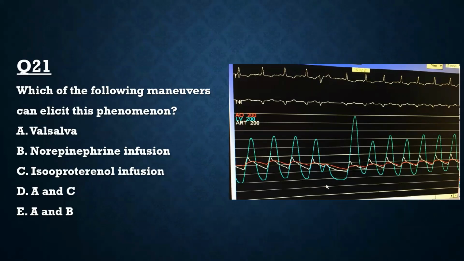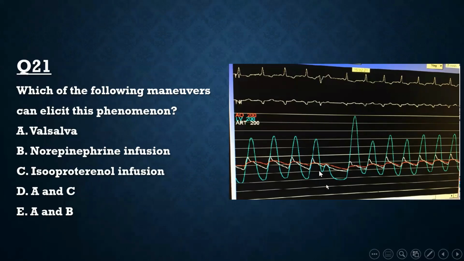Excellent. So if you look at the beat before the PVC, the pulse pressure is higher than post PVC. Post PVC, the pulse pressure is small or low, lower than pre-PVC, and also the gradient is shooting very high, sky high.